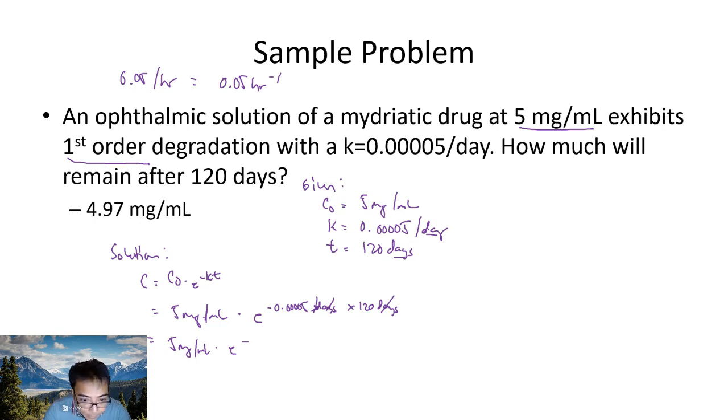You get 0.006. Then shift ln, negative answer. We get 5 milligram per ml times 0.9940 times 5. The answer would be 4.97 milligram per ml, and that will be the concentration after 120 days.